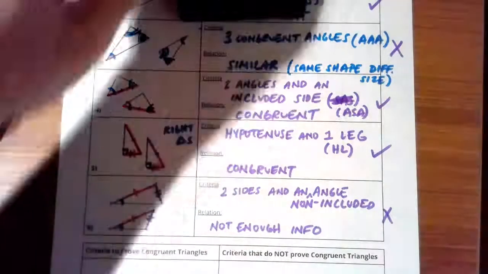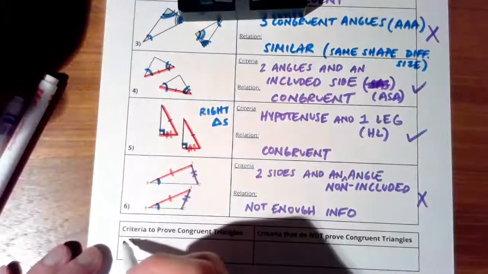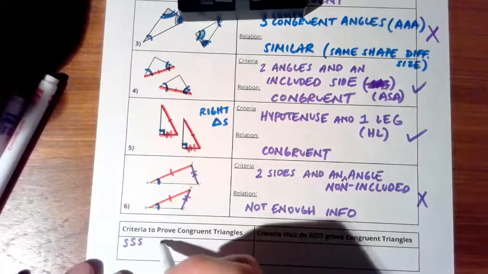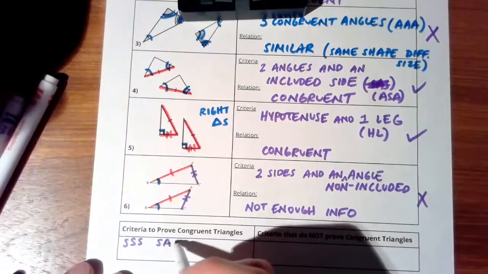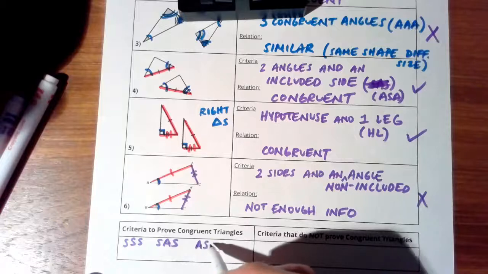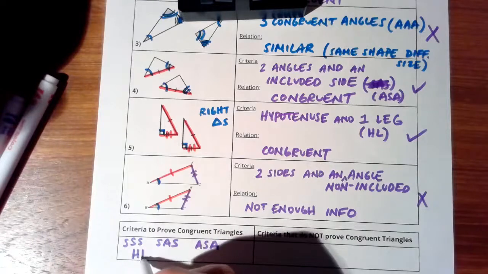So to fill out the table at the bottom, 3 congruent sides works. 2 sides and an included angle works. 2 angles and an included side. Hypotenuse leg works.